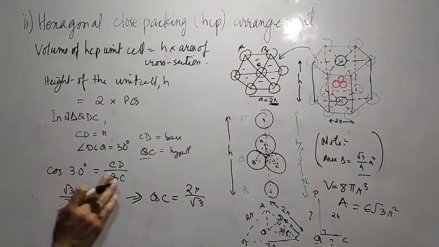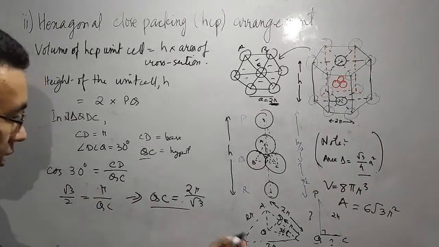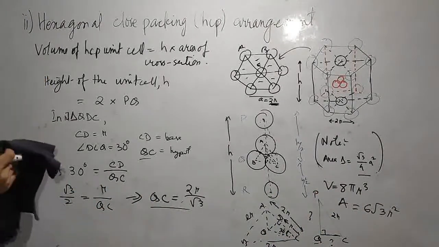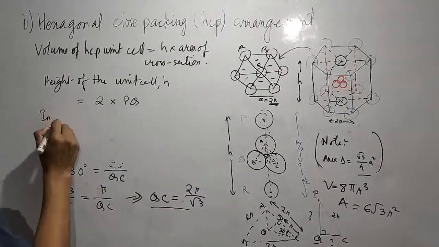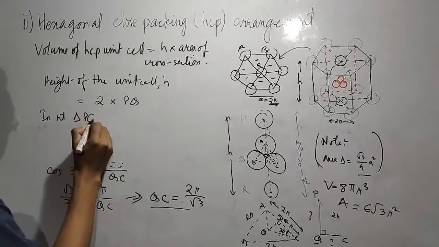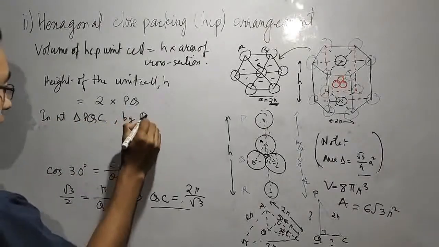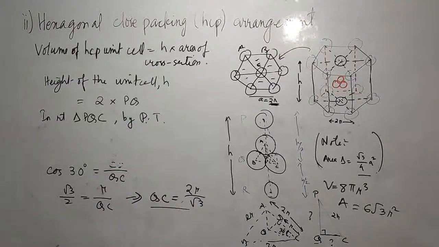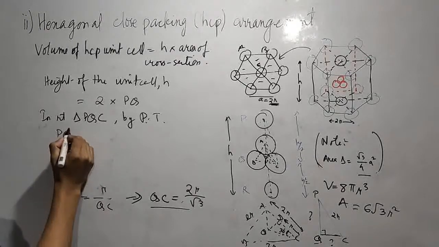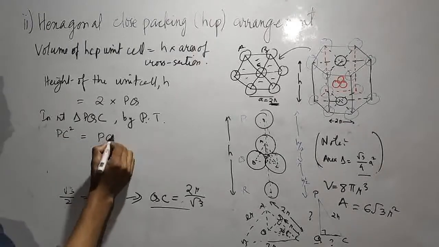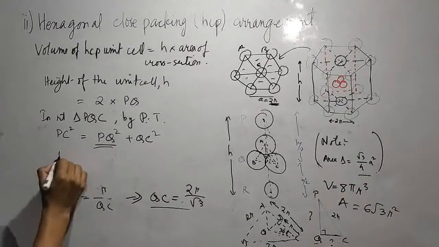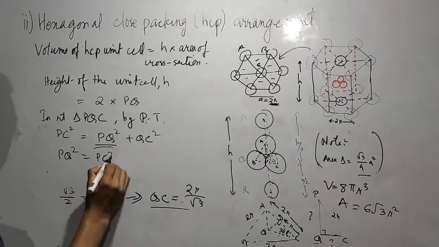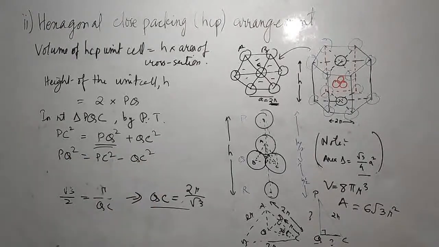Again, we use this value of QC for this triangle PQC. In right triangle PQC, by Pythagoras theorem, you have to write in full form. PC is the hypotenuse, so PC square is equal to PQ square plus QC square. We don't know PQ, so you take it to the other side: PQ square equals PC square minus QC square.